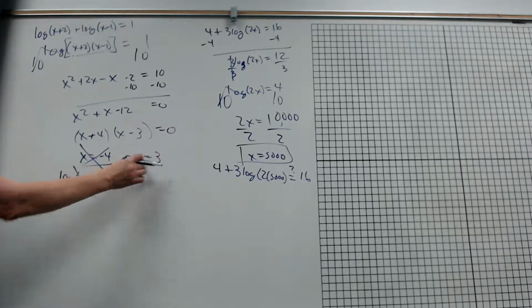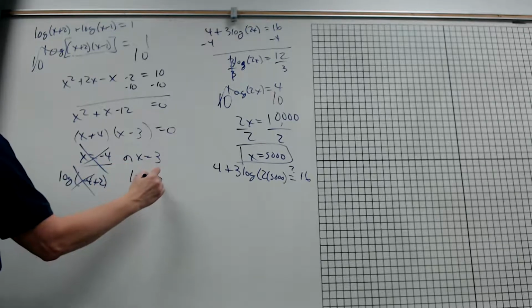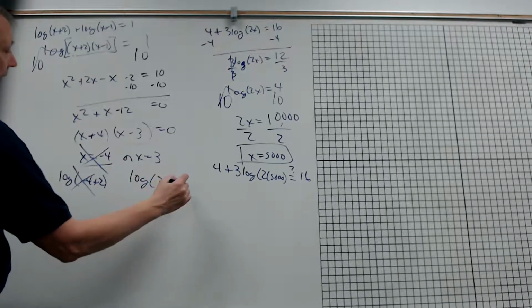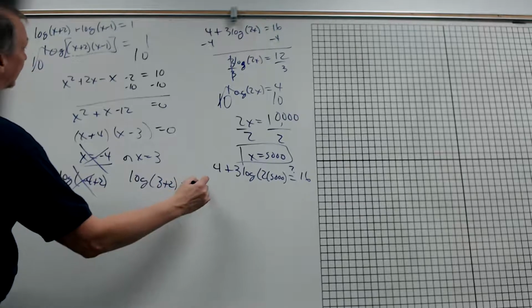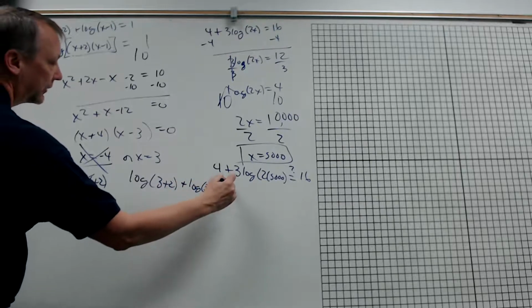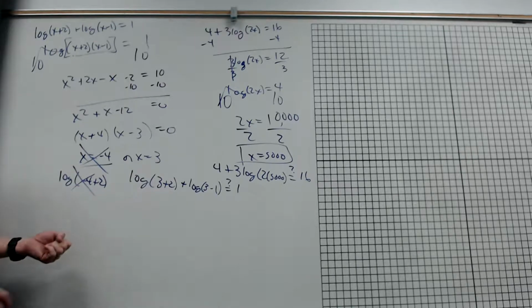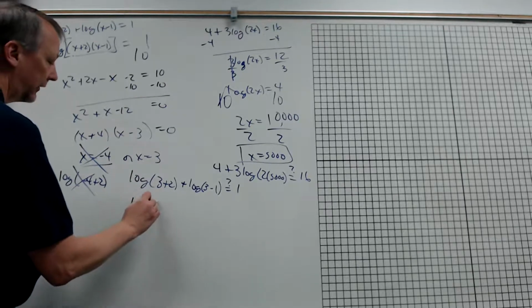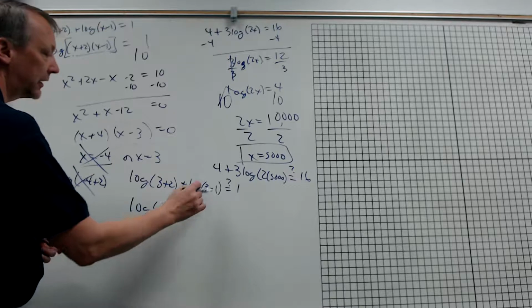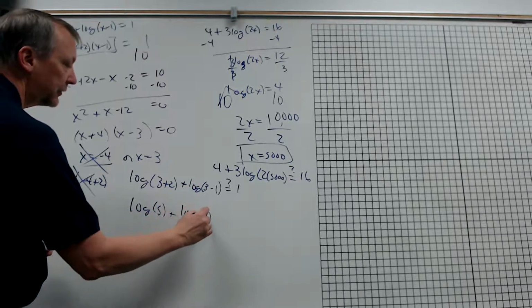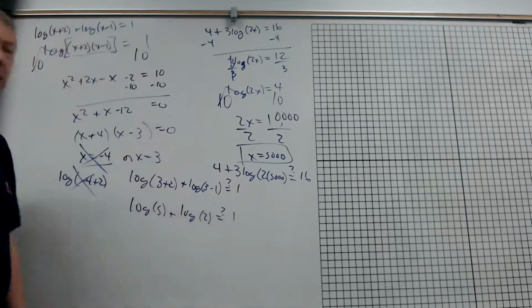Now let's try the 3. Log of 3 plus 2 plus log of 3 minus 1, does that equal 1? So 3 plus 2 is the log of 5 plus the log of 2, does that equal 1?